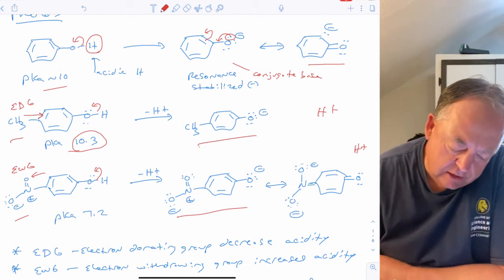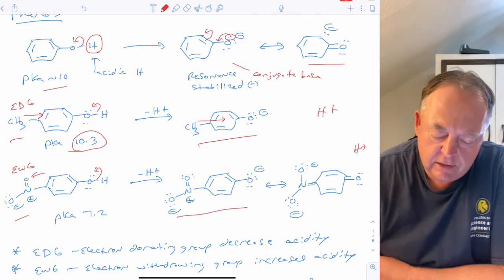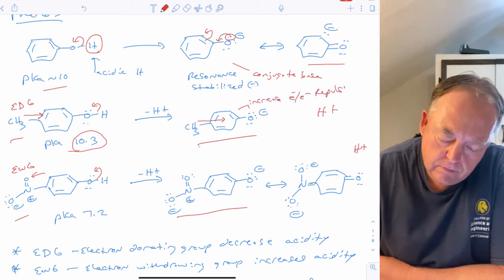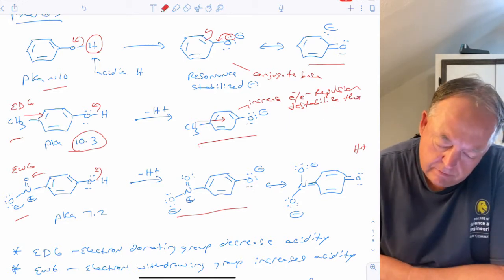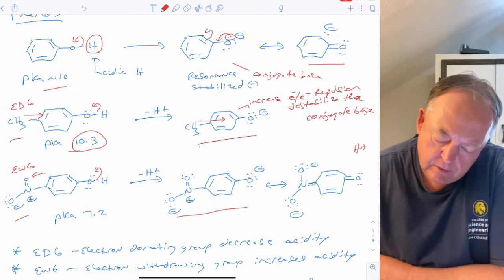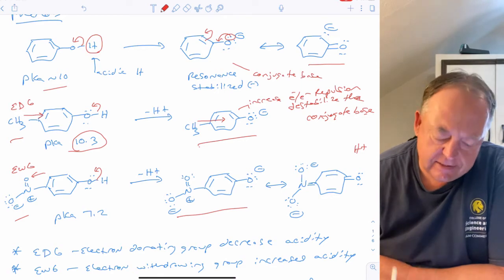The CH3 is electron donating, so that's going to increase the electron density in the ring, and so that's going to increase the electron-electron repulsion. That would destabilize the conjugate base, so make it less stable, so less likely to form, so the phenol would be less acidic.